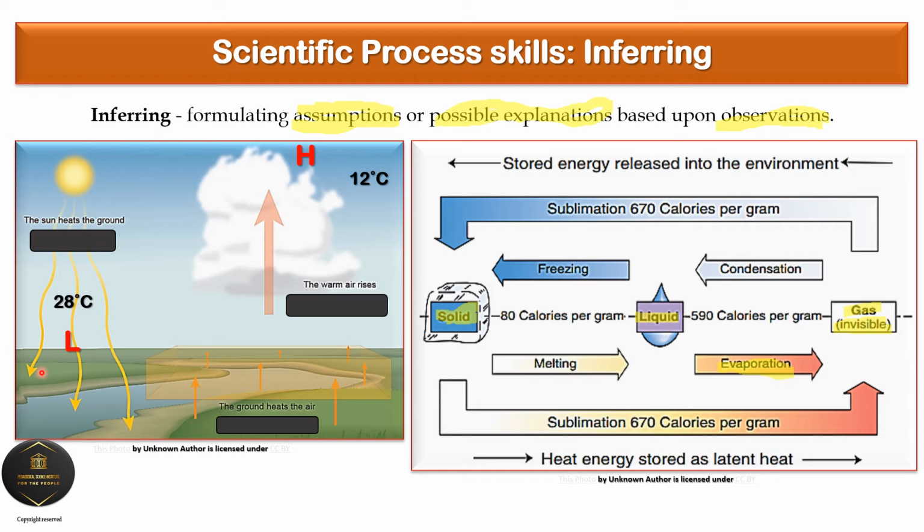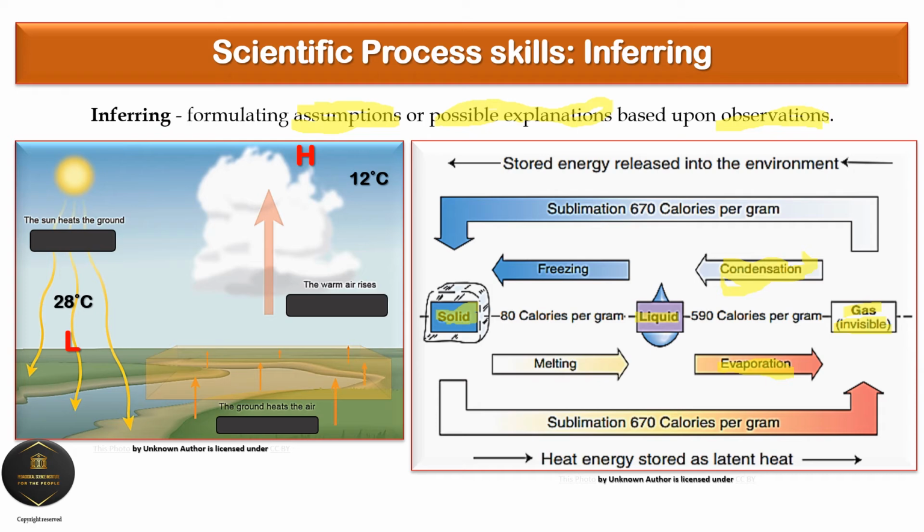And as it rises, it goes to the upper atmosphere. But now the temperature is slightly lower in the upper atmosphere. It means that as it goes up, it's gonna cool down. So what happens now is that we have condensation happening there.